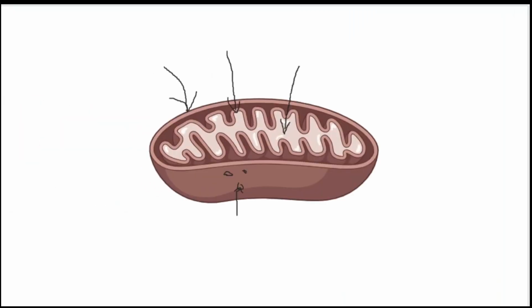Now we'll dive deeper into the functions. Here I drew my own mitochondria, which is not as good as the figure here, but it shows the outer membrane again and the inner membrane. The first function I want to talk about is ATP production, and this occurs at the inner membrane. Here there are certain proteins that give off electrons to each other, and because of this it's called the electron transport chain.